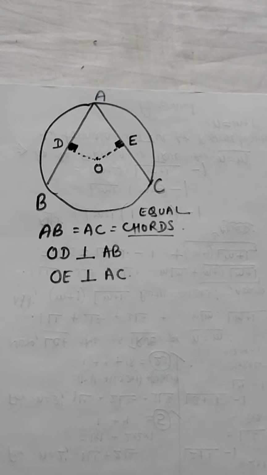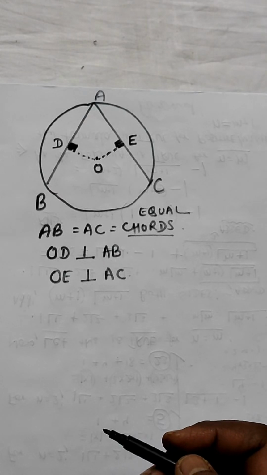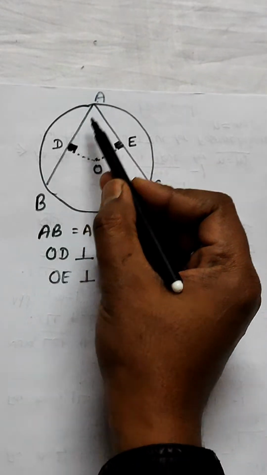Now we need to prove that ADE is an isosceles triangle. So where is triangle ADE? Just see it.